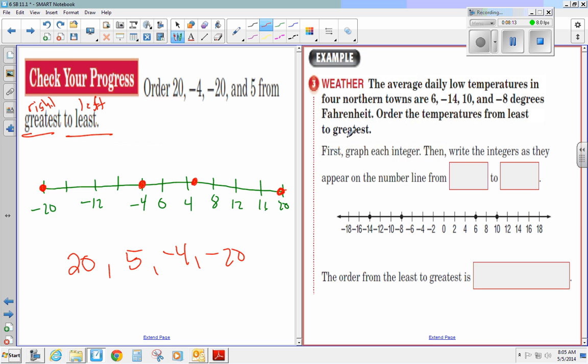All right, so here's the story problem. We need to first graph each integer, then write the integers as they appear on the number line from blank to blank. Since we're doing now least to greatest, remember that least is left, from left to right.